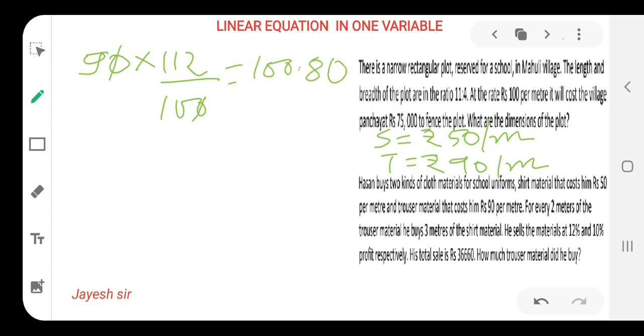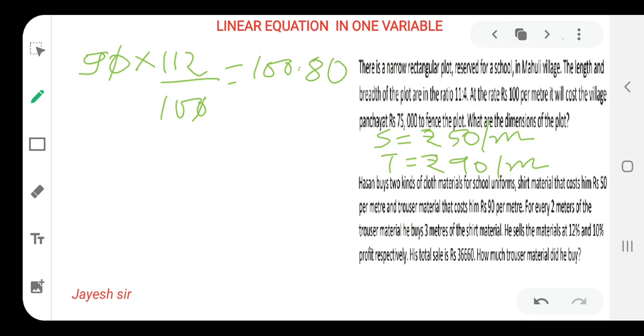Yes, friends, because 112 into 10 we know is 1120, minus 112, that would be 1008, and divided by 10 would be 100.80. That is the cost after selling it at 12% profit.